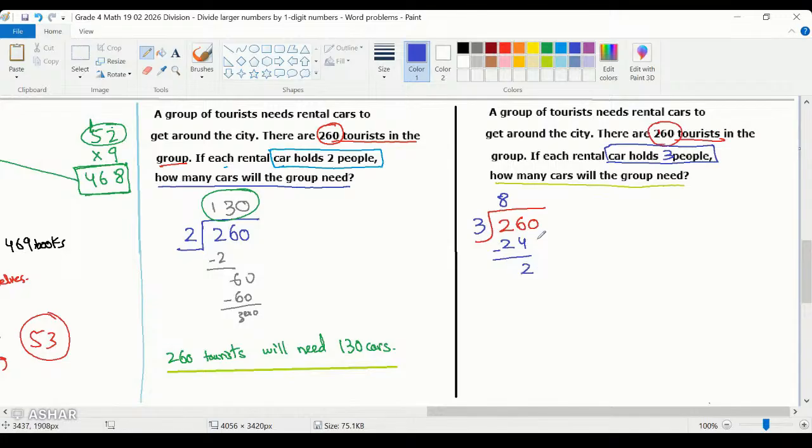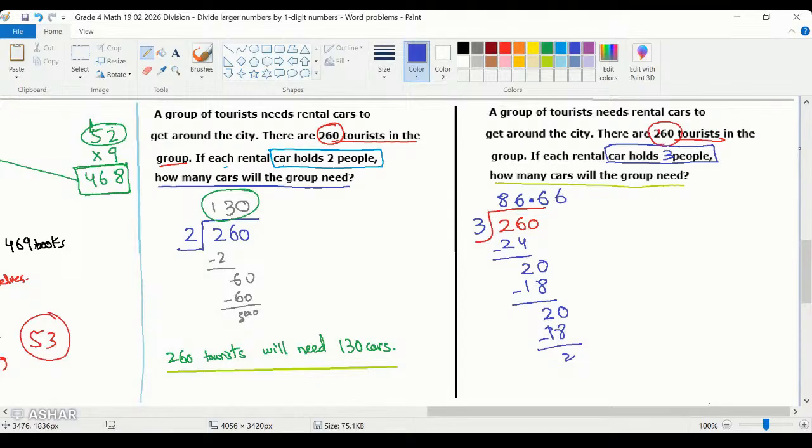Then 2 and 0. In the table of 3, we cannot have a 20, but we can have 6 times 3, 18. When we minus this, we are left with 2. We put a decimal, we put a 0. Then again, 6 times 3 is 18, minus 2. It comes out to be 86.66, right?